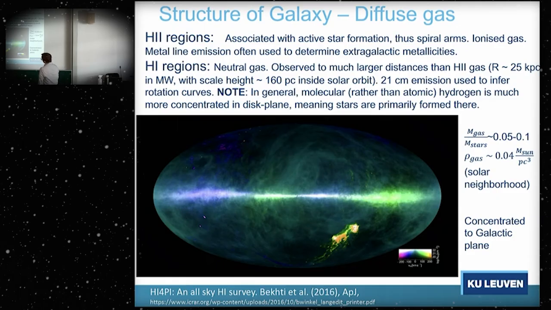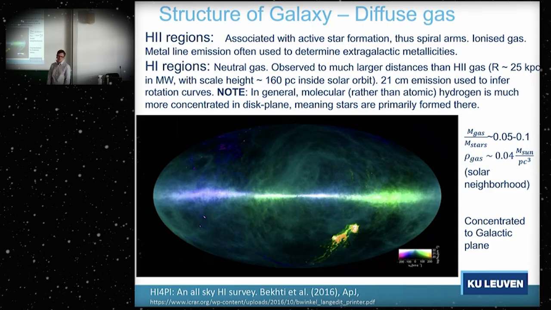Now the H1 regions, that's the neutral gas, and that's observed to much larger distances than the H2 gas. That is not just in star-forming regions, right? Up to, say, 25 kiloparsecs in the Milky Way, scale height around 160 parsecs.